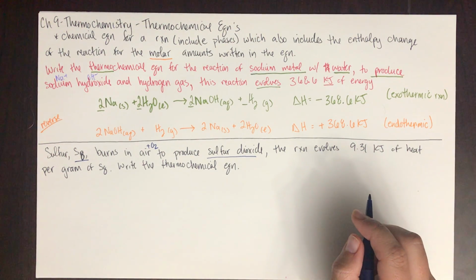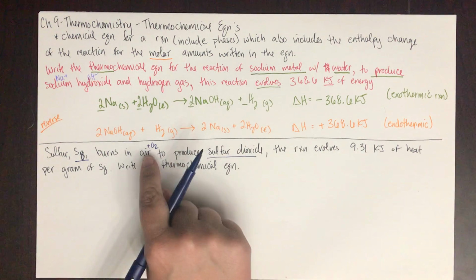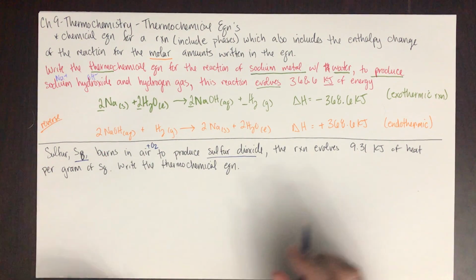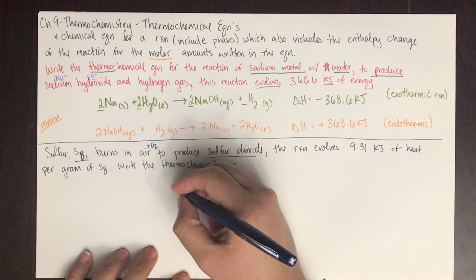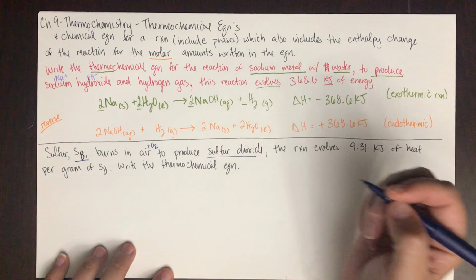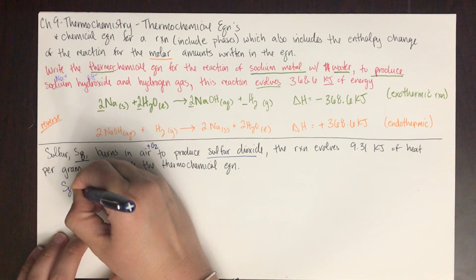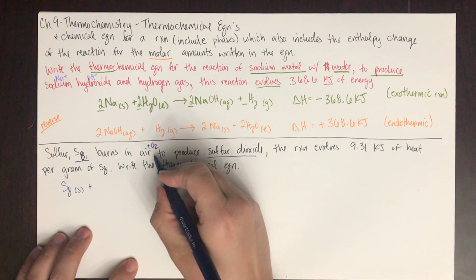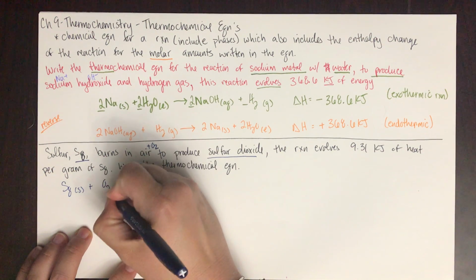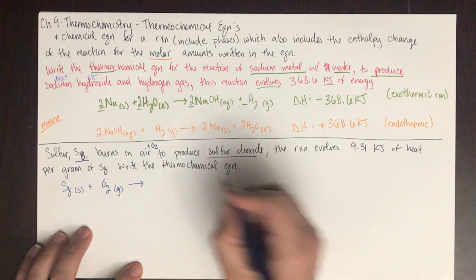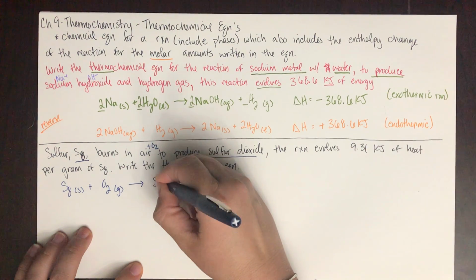We talked about burning things versus heating things. And anytime you burn something in air, that means oxygen gas is a reactant. So if I'm to write this chemical reaction, I would write sulfur, S8, which is a solid, plus oxygen, O2, gas, produces sulfur dioxide, which is also a gas.